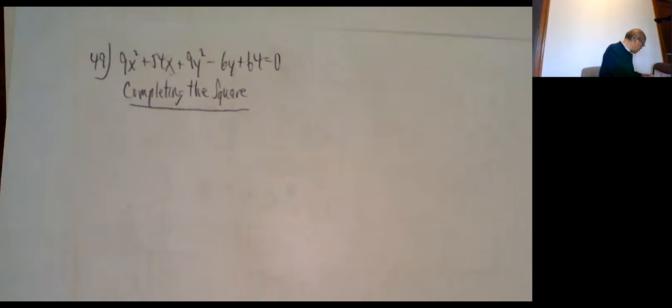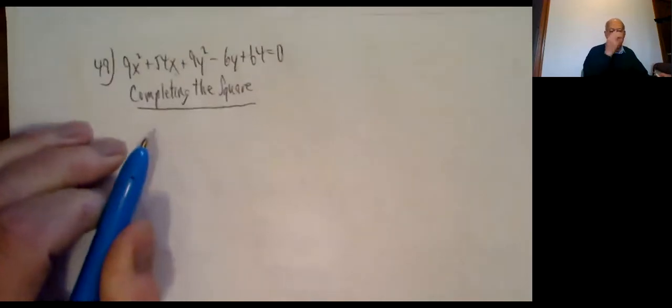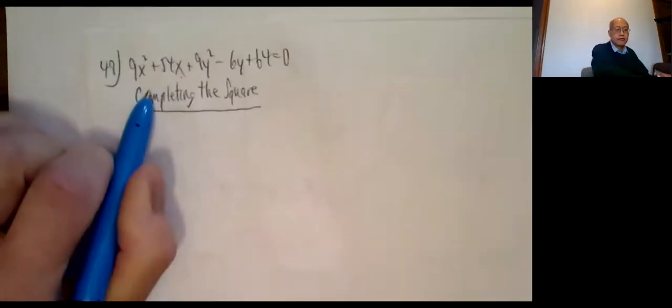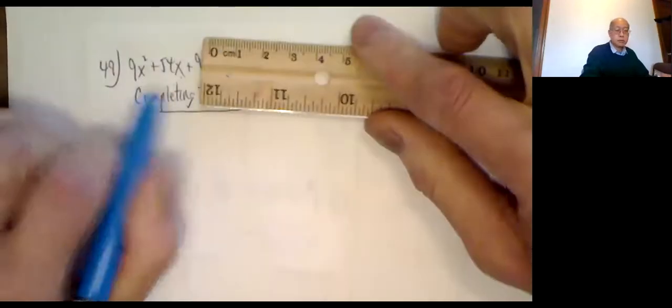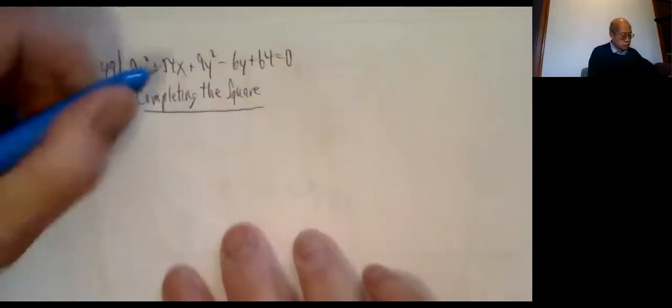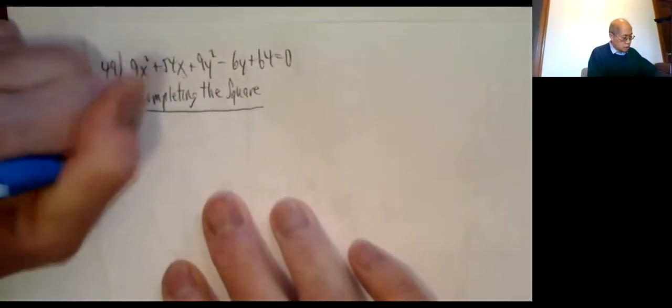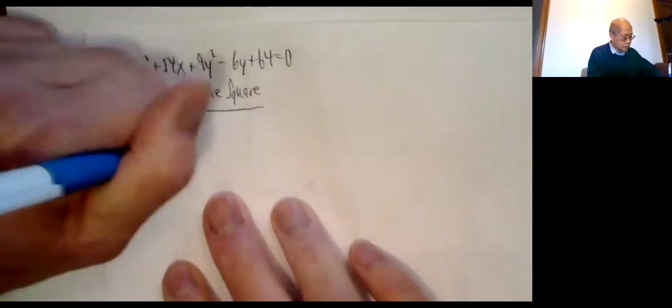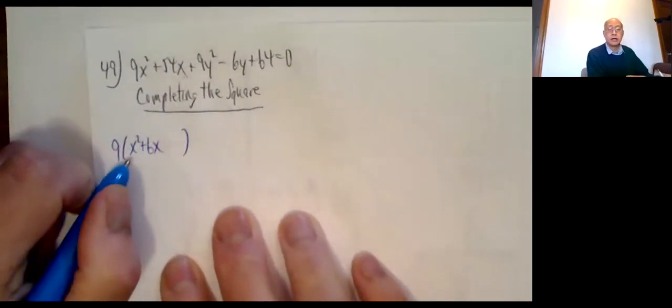Let me double check that I wrote that correctly, because I'm not sure if that is correct. Yeah, I guess it is. Factor out the 9 from these two: 9x squared plus 6x. Leave a space.